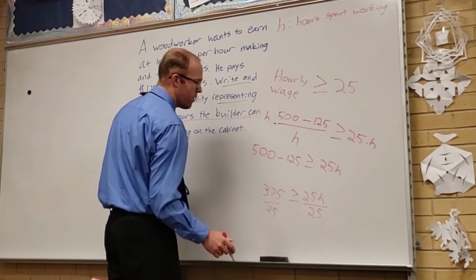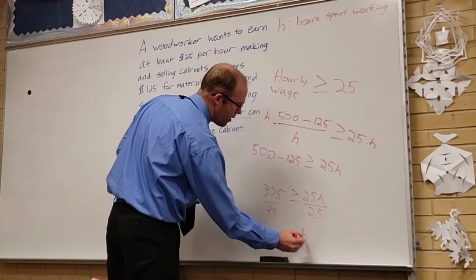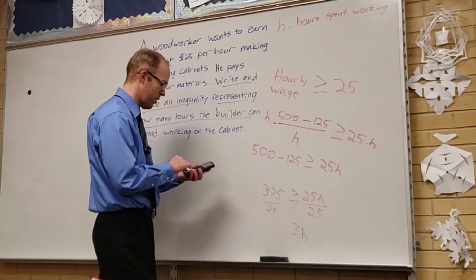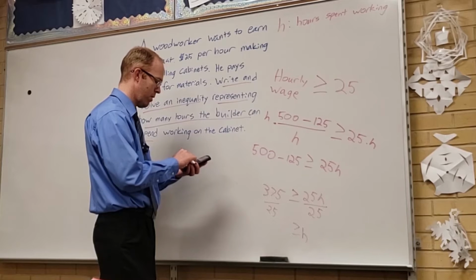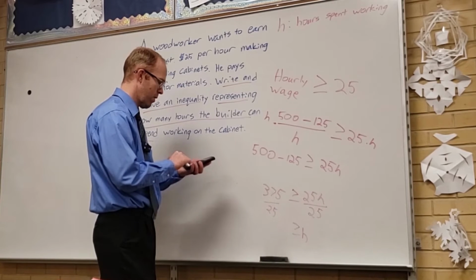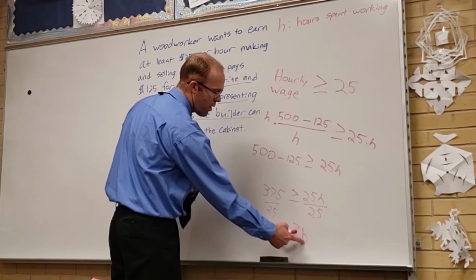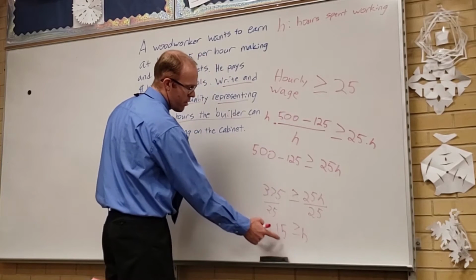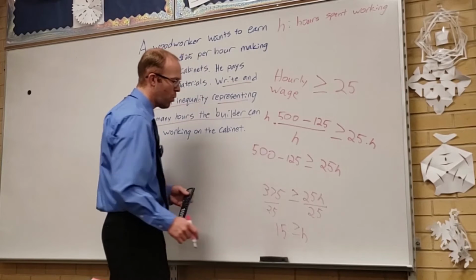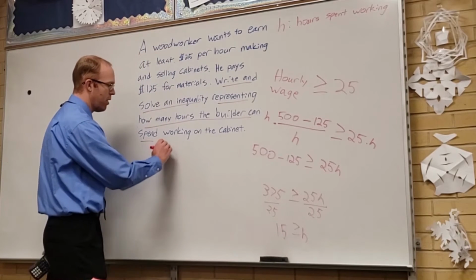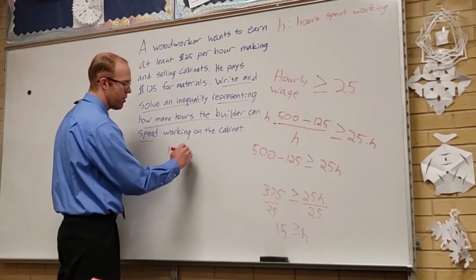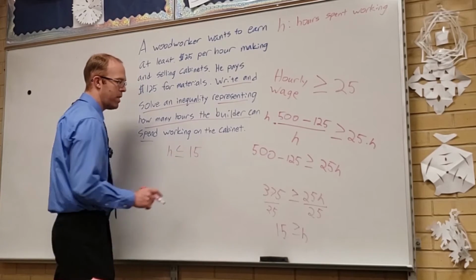So we get 375 divided by 25, which gives us 15. All right, so our number of hours is the smaller number, and so the hours can be less than or equal to 15. You could write this in this way as well. Hours is less than or equal to 15.